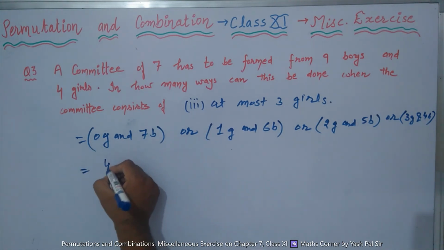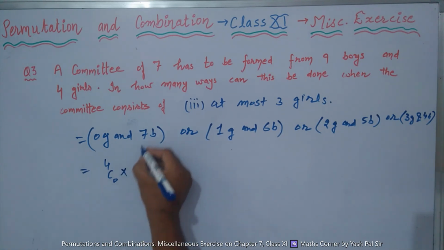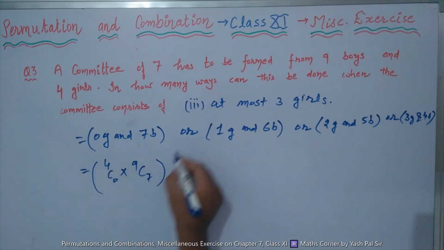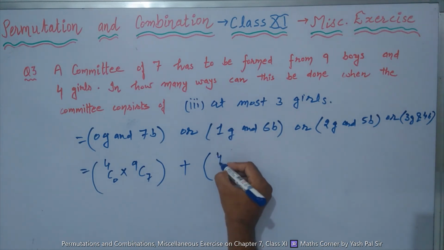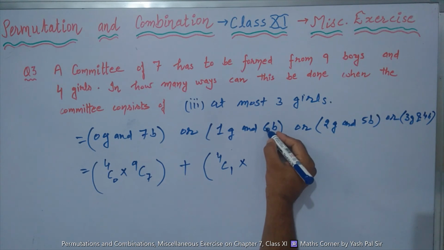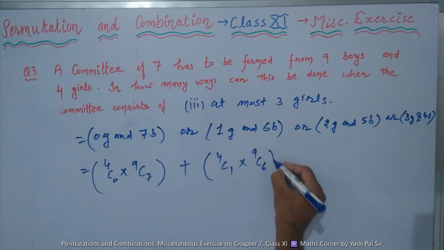Out of 4 girls, we selected no girl, and mean into. Out of 9 boys, we selected here 7 boys. Again the meaning of OR is plus. Out of 4 girls, we selected 1 girl, and mean into. Out of 9 boys, we selected 6 boys.